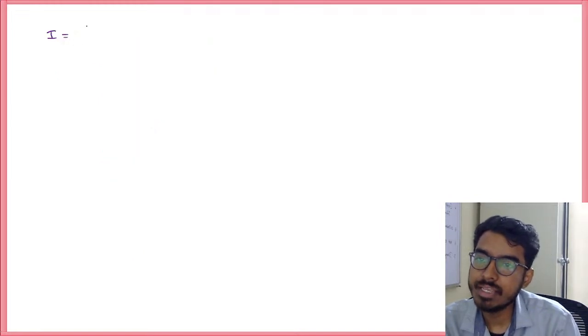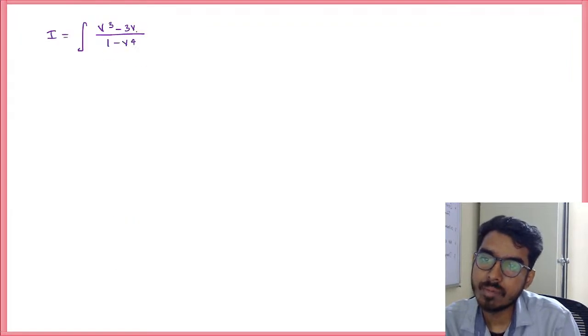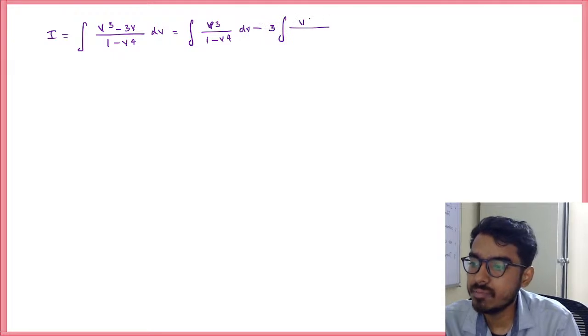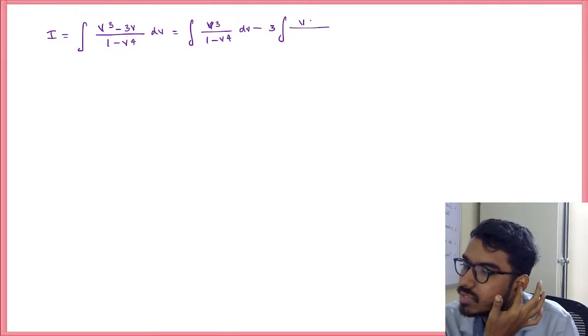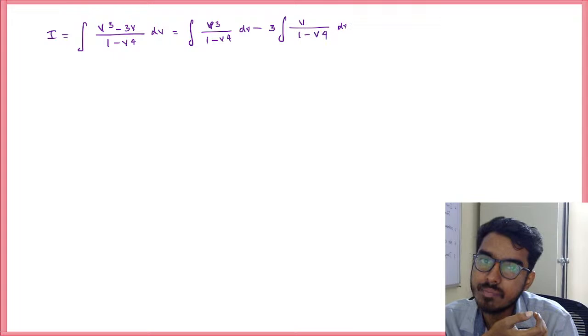What is I? I is integration of v cube minus 3v divided by 1 minus v power 4 dv. So let us write this as integration of v cube divided by 1 minus v power 4 dv minus 3 times integration of v divided by 1 minus v power 4 dv.